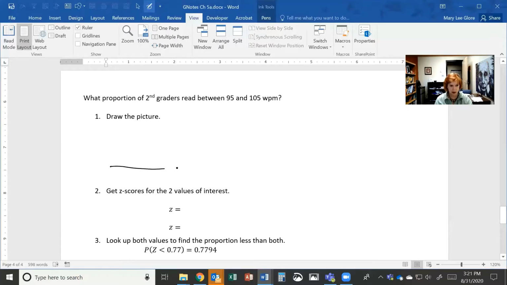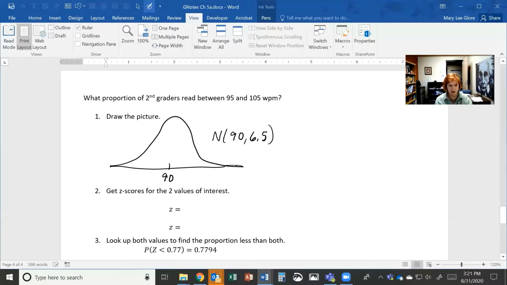I'm going to draw my normal curve. Right in the center is my 90. Again, this is normal 90, 6.5. So 95 and 105 are both to the right of 90. So this is 95, 105.